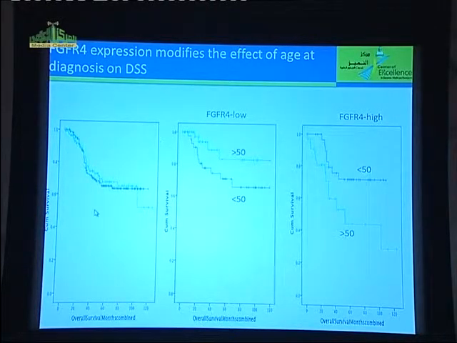But stratify that as a function of FGFR4 expression, and you can see an interesting picture. When FGFR4 is low, the older people live better than the younger people in breast cancer. But when they have higher FGFR4, the effect is reversed, and the older patients suffer a worse prognosis, as you would expect.